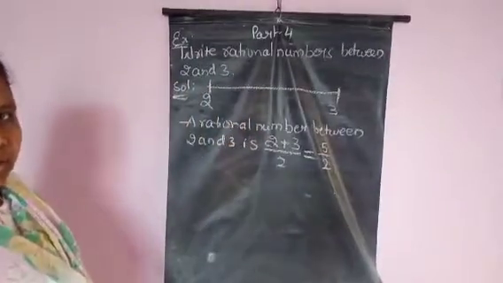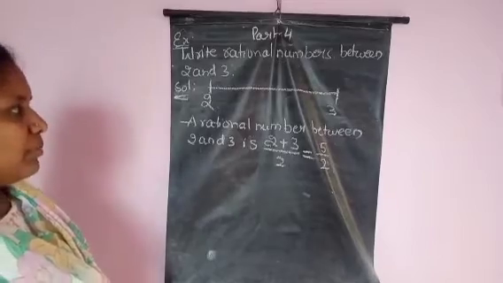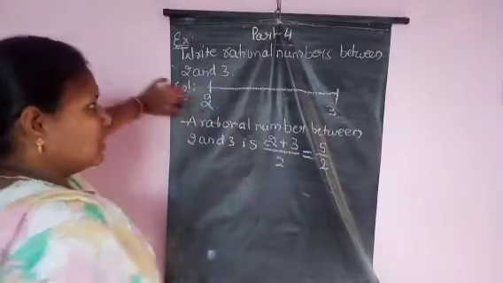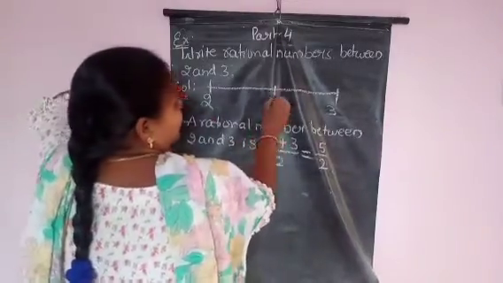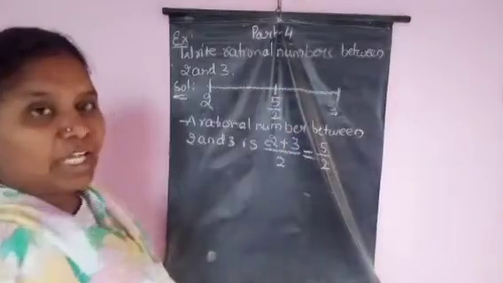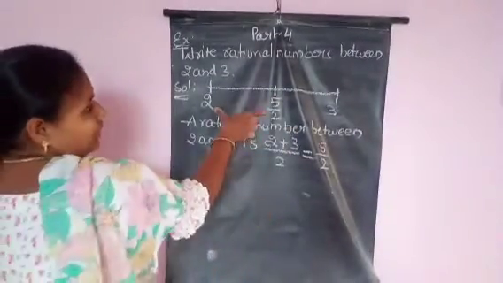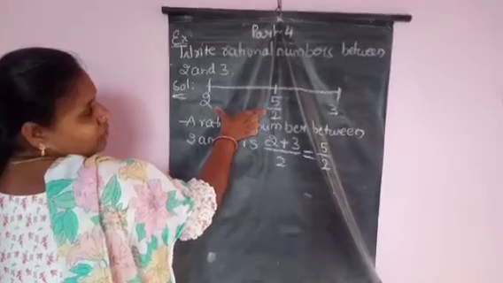Okay. Between these it is 5 by 2. Find the rational numbers between these two also.